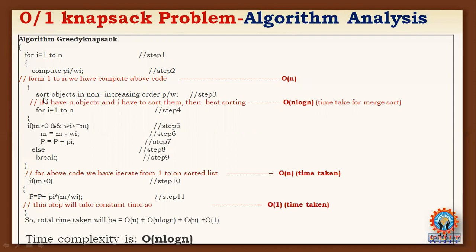Once the computation of Pi by W is generated, you go for arranging the objects in decreasing order of Pi by Wi.